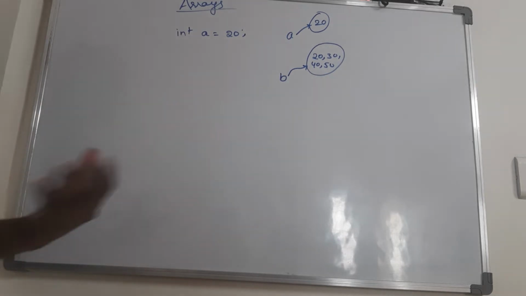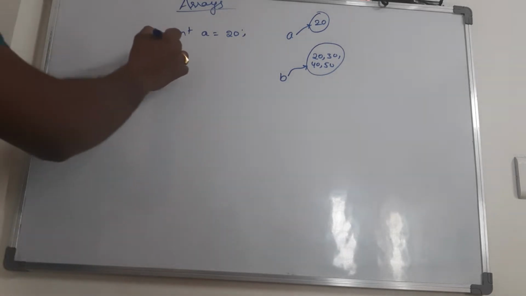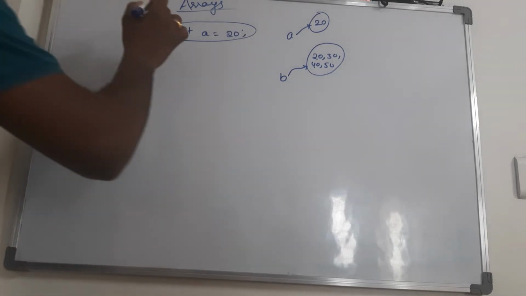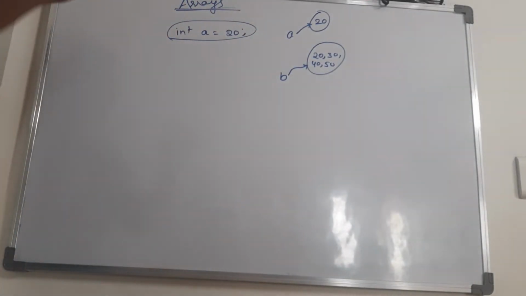How can we achieve it? Normally this can take only one value, that for sure. So we should go for another option, that is the array. To store a group of elements with a single variable is nothing but an array.